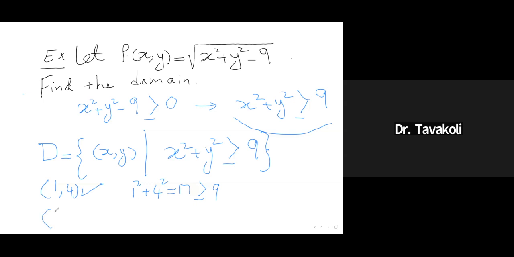But how about 2 and 1? 2 squared plus 1 squared equals 5. Is it more than or equal to 9? Obviously, it is not. So the point 2, 1 is not in the domain.